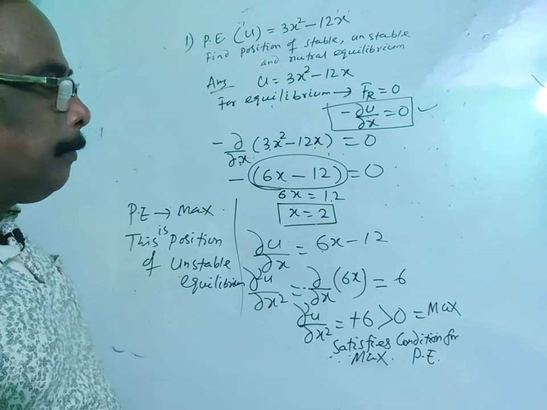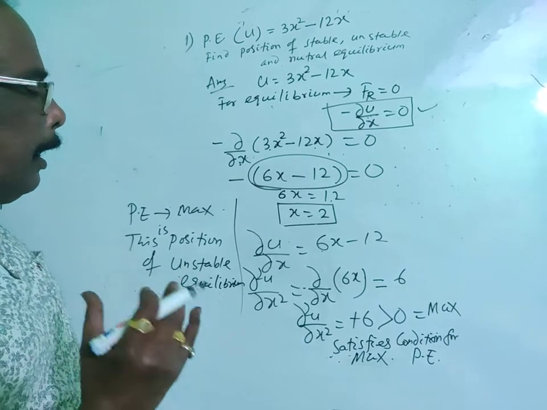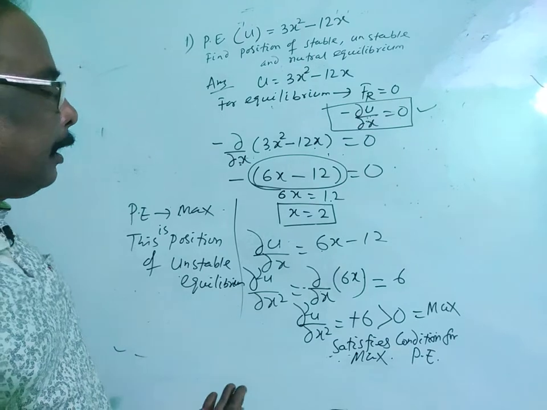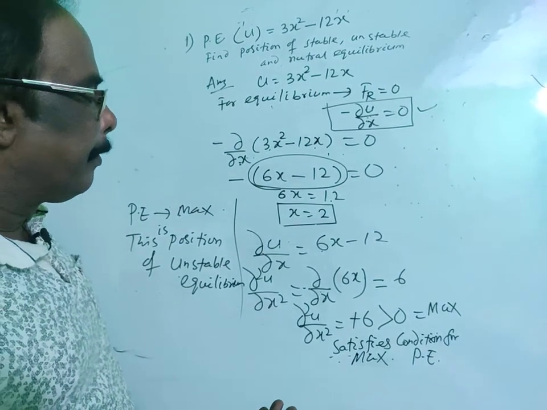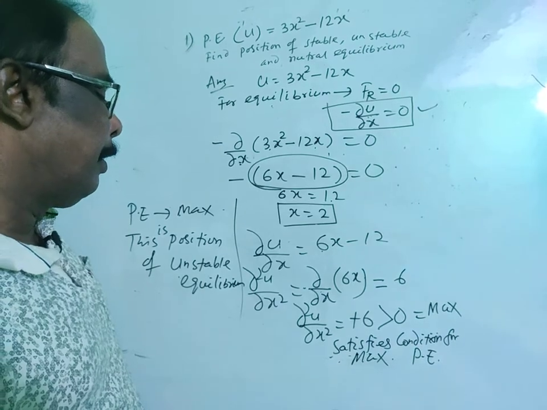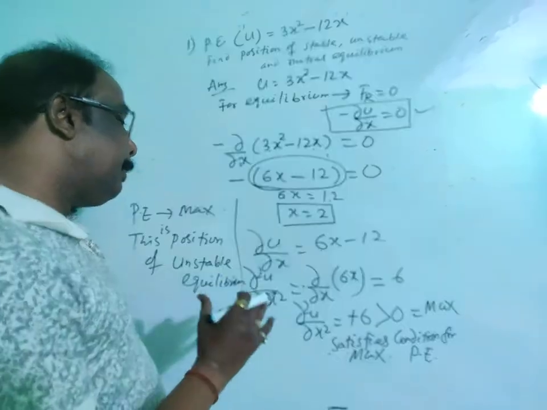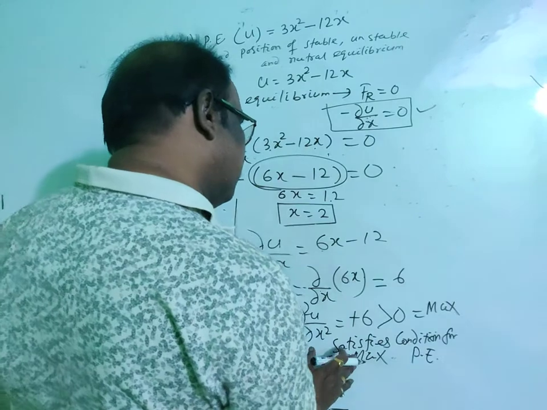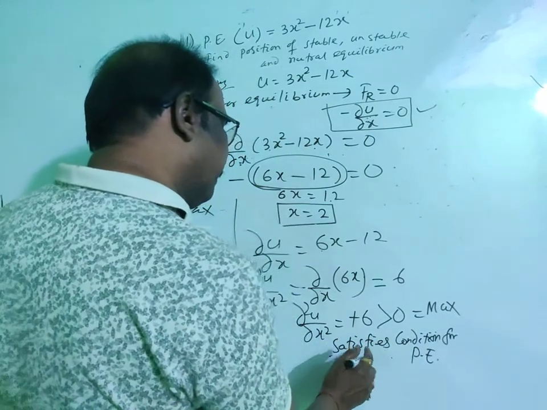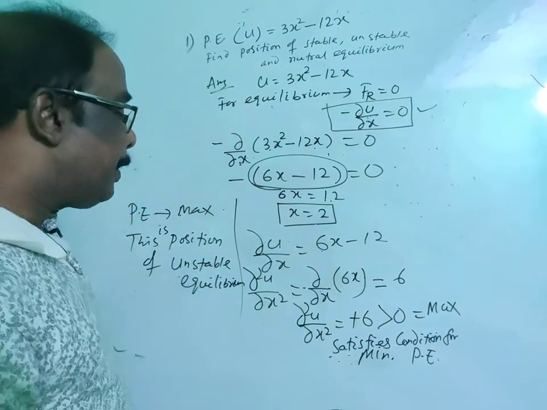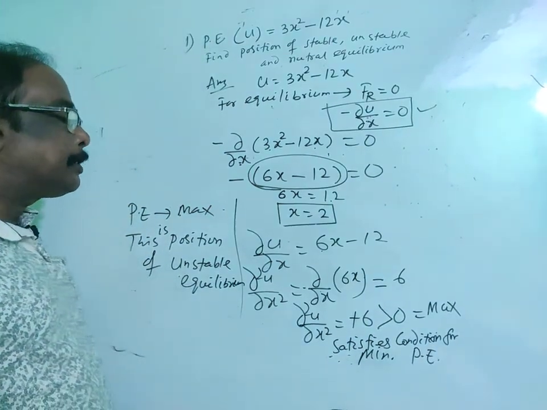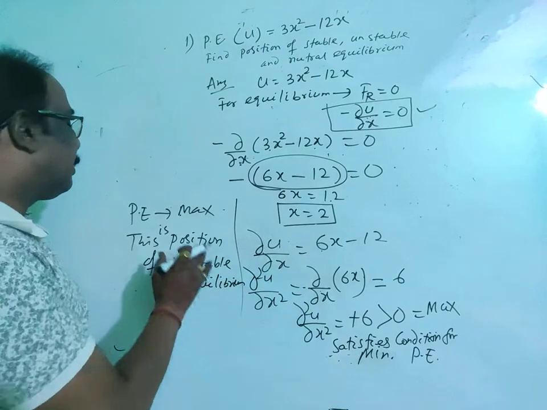Greater than 0 or less than 0. Here greater than 0. Greater than 0 means maxima, so it satisfies the condition for minimum potential energy. If d square u by dx square is maximum, then potential energy is minimum.